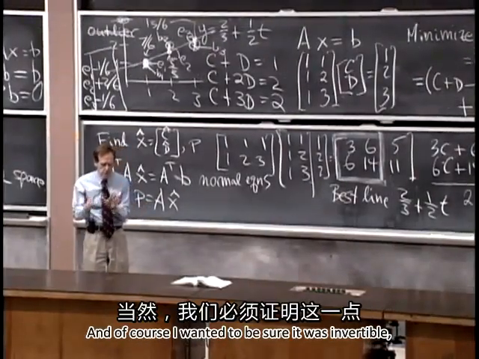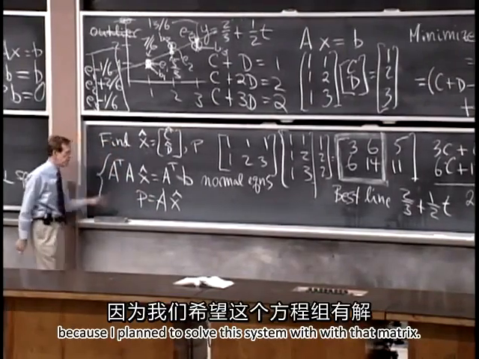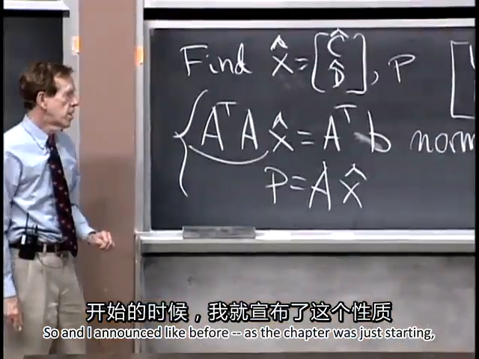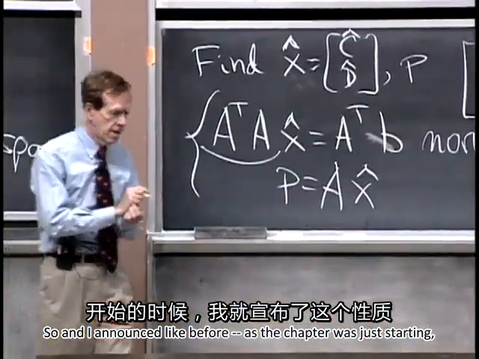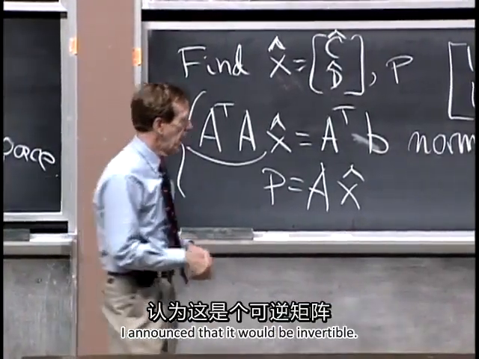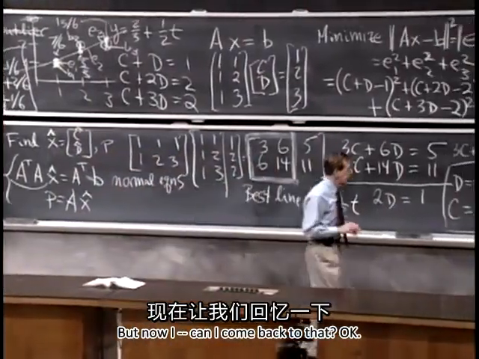And of course, I wanted to be sure it was invertible because I planned to solve the system with that matrix. I announced, as the chapter was just starting, that it would be invertible. But now, can I come back to that?